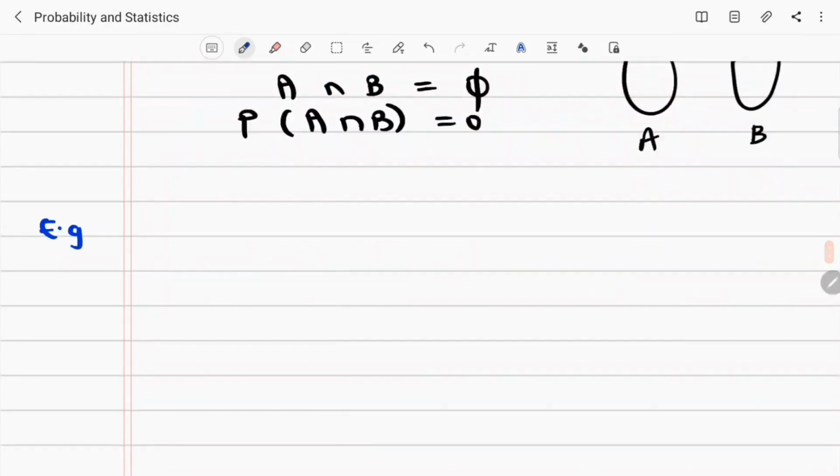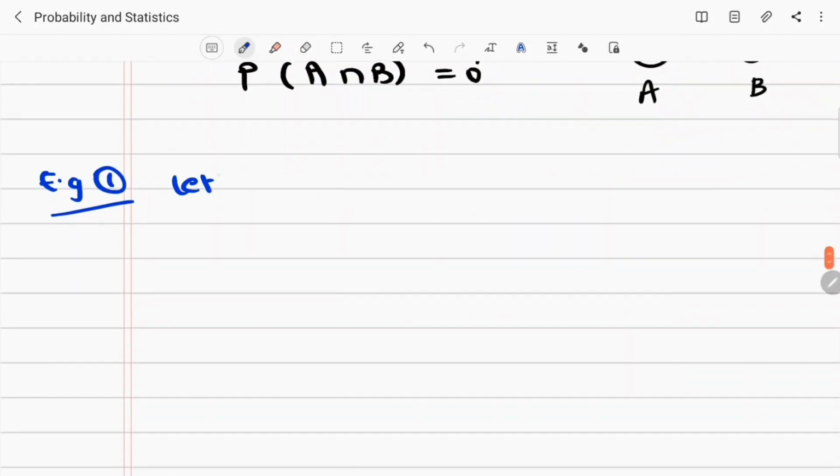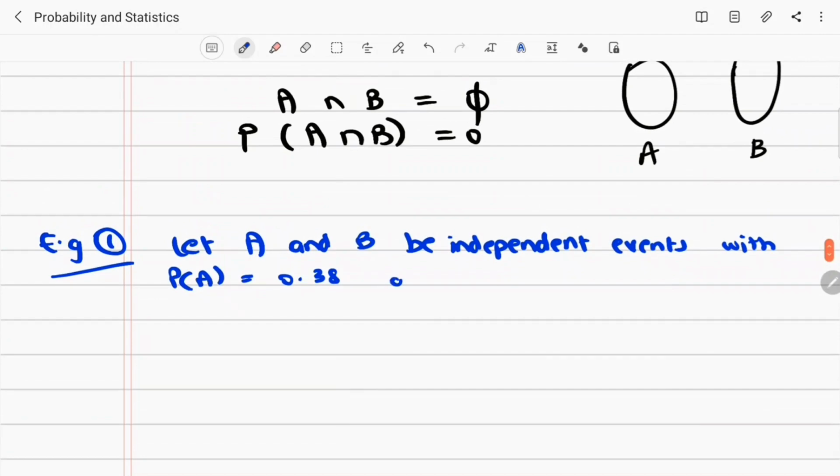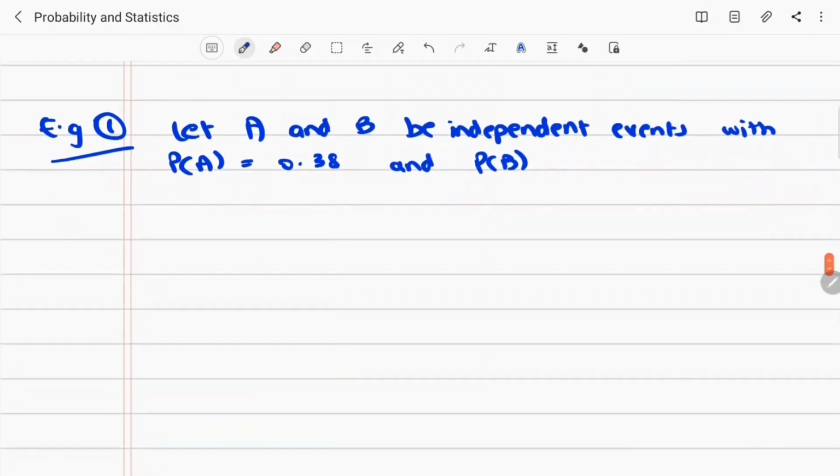Let's look at example 1. Let A and B be independent events with probability of A equal to 0.38 and probability of B equal to 0.46.